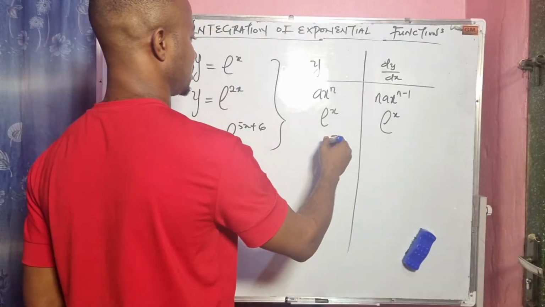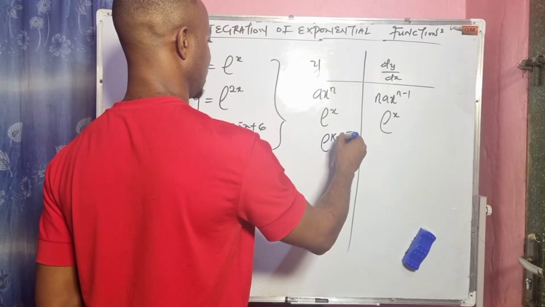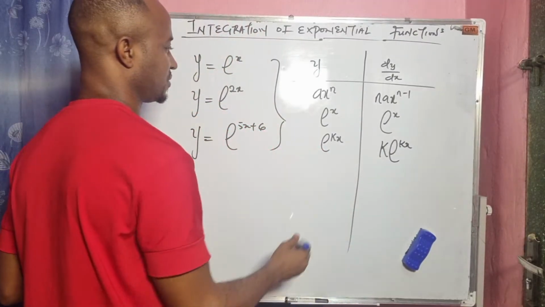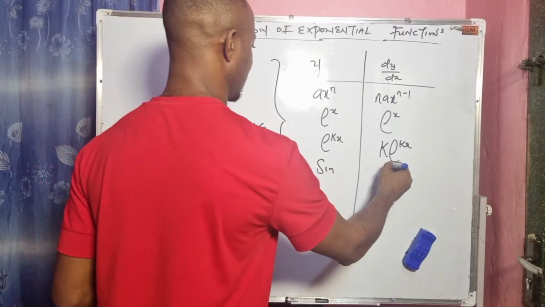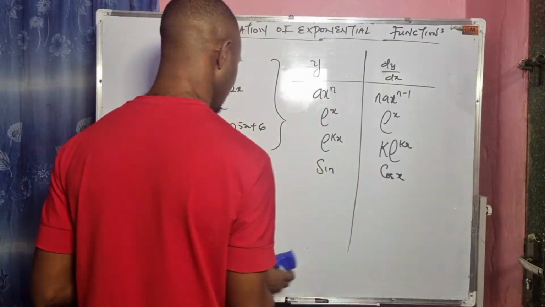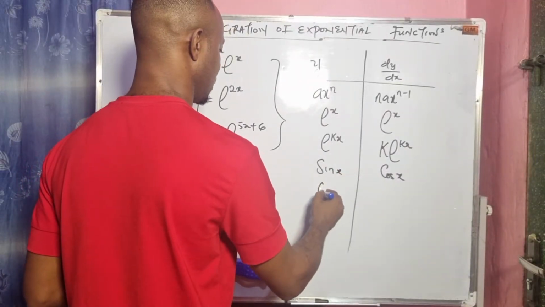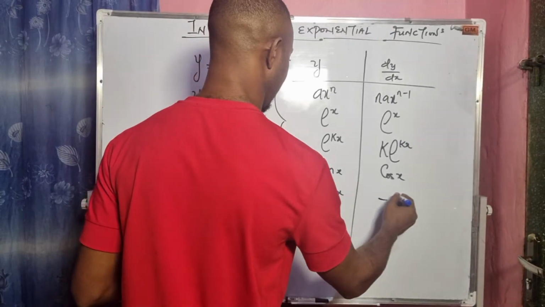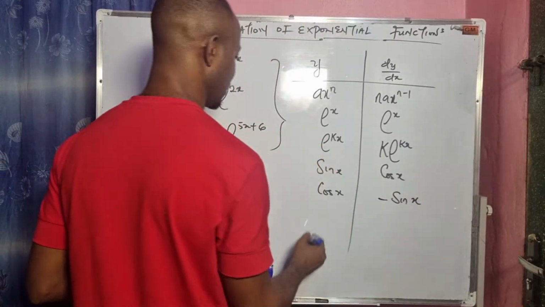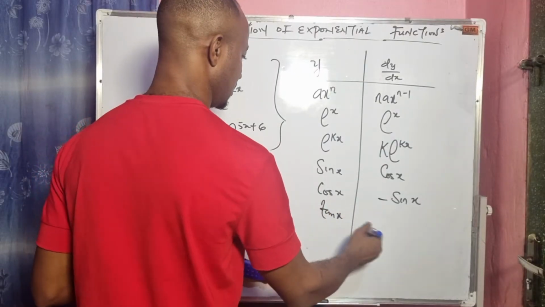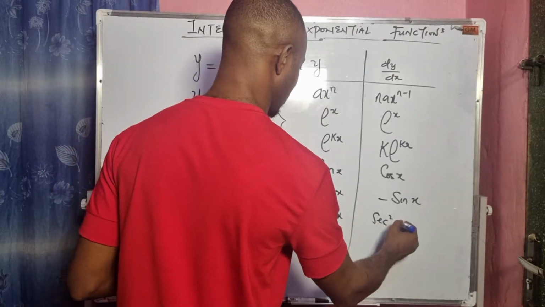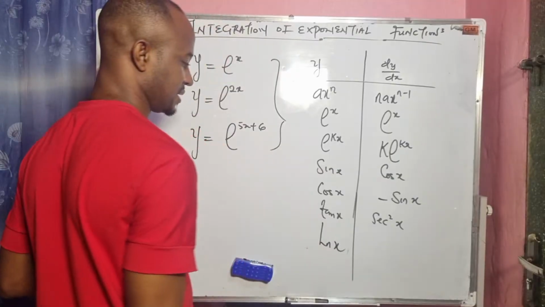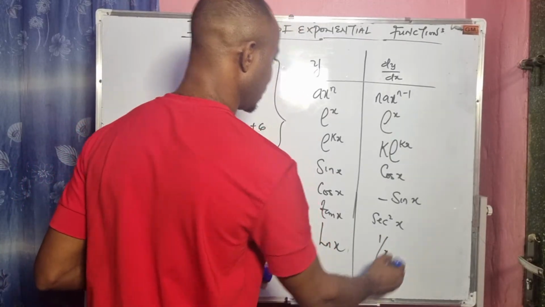If we differentiate e to the kx, the result becomes k e to the kx. If we differentiate sin x, the result is cos x. If we differentiate cos x, the result is minus sin x. If we differentiate tan x, the result is sec squared x. If you differentiate ln x, the result is 1 over x.